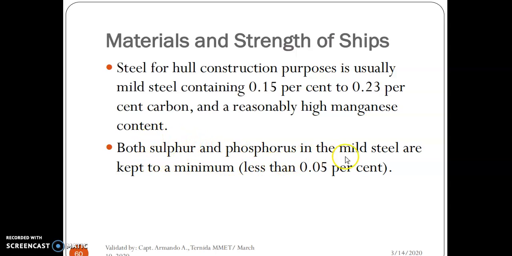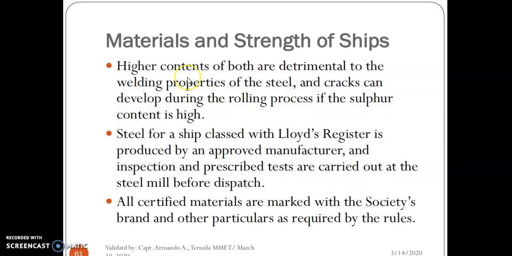Both sulfur and phosphorus in the mild steel are kept to a minimum, less than 0.05%. High content of both are detrimental to the welding properties of the steel, and cracks can develop during the rolling process.